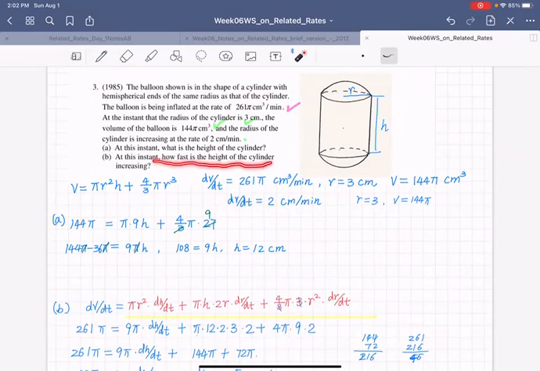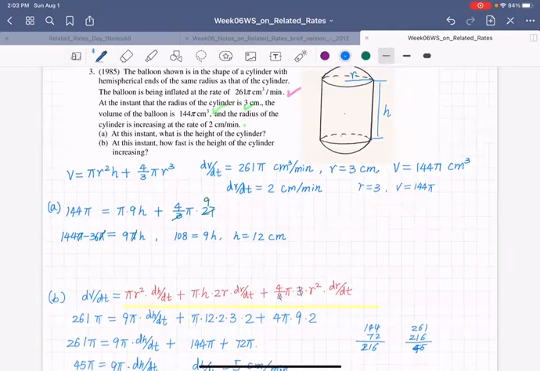Second one: at this instant, how fast is the height of the cylinder increasing? So what this is asking for is dh over dt. Here is the tricky part. We have to pay attention to this one because this one is not nice.